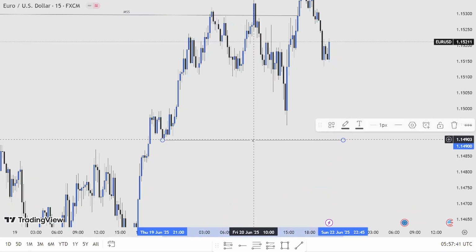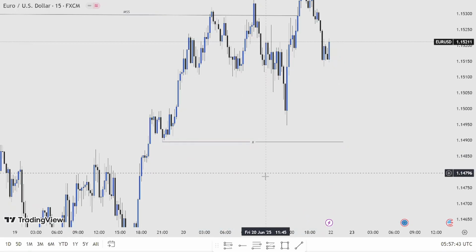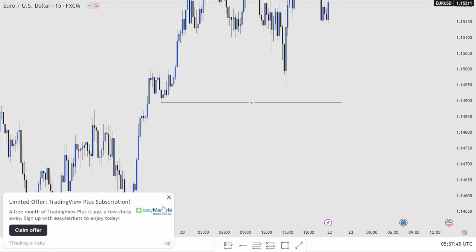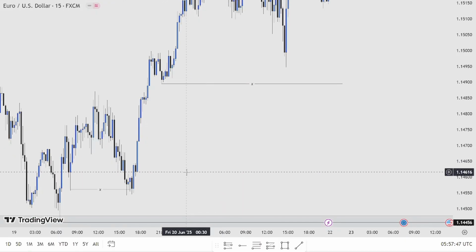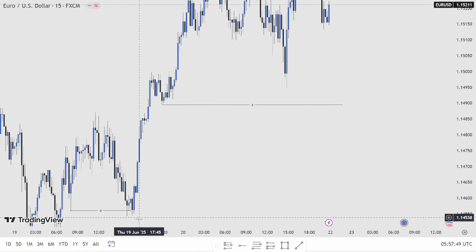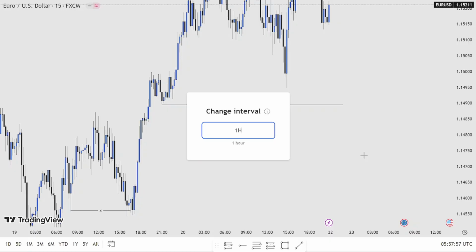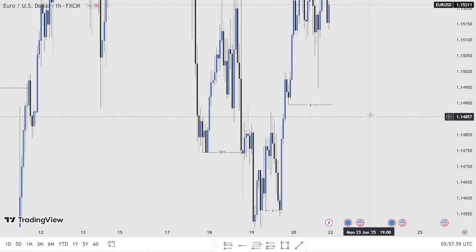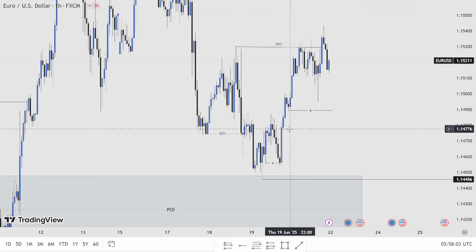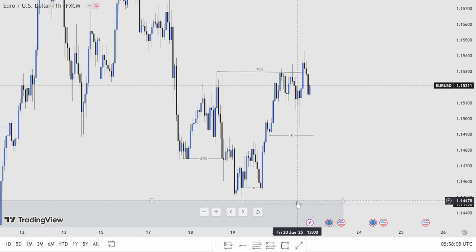There are a lot of orders lying here. And you can see there was a lot of movement here. I'll go to a higher time frame, like the 1 hour time frame. I just want to see if there's a fair value gap. Okay, as we can see, there's a fair value gap here.